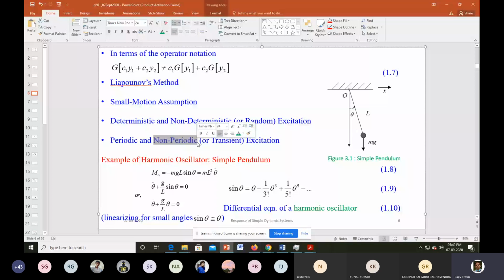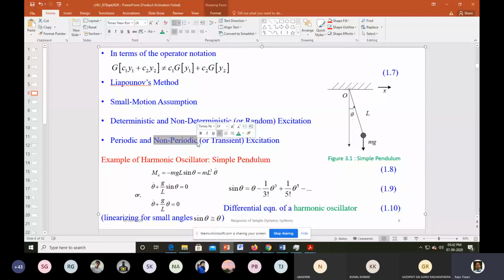It will be of very short duration and non-periodic. Another example is blowing a hammer onto a particular object; that is also non-periodic, also called transient. So suddenly applied forces are non-periodic because they will not be repeating all the time.